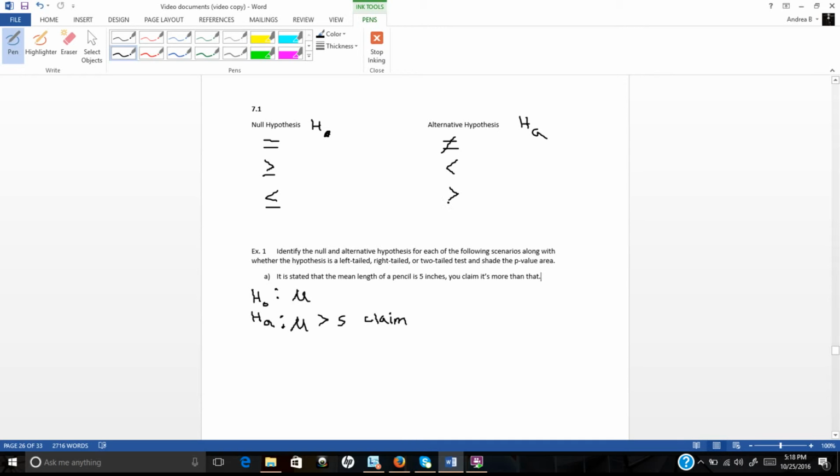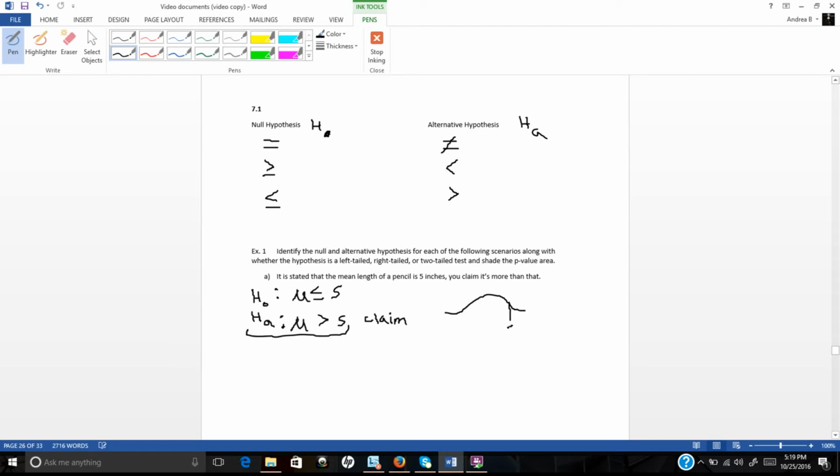It's one of those symbols that we have in the alternative column, which means that if that's greater than, the null has to be less than or equal to that value. And then normally we want to list which one was the claim, which was the alternative in this case. Then they wanted us to also shade the p-value area. The p-value area has to do with the alternative. No matter which one's the claim, it's that alternative that you use to do the p-value area.